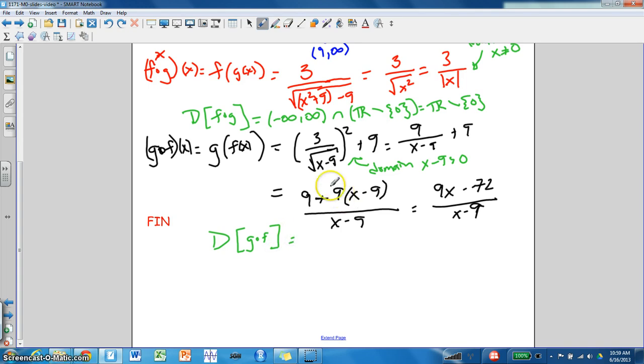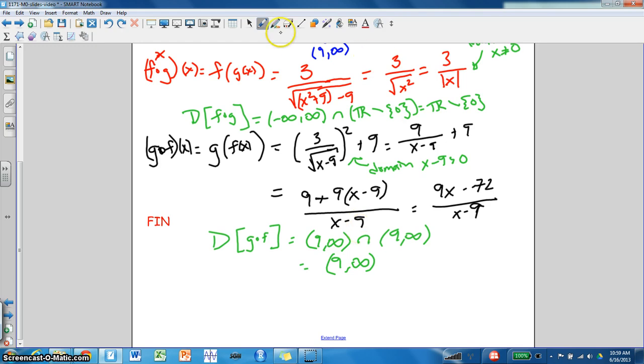Okay, so it was the domain of the inside function, which was f of x. So the domain of this entire thing was, I'm just going to say 9 to infinity, intersect with, so look for the common values with this, and, well, I also have that, which was also 9 to infinity. Same interval, so the domain is just 9 to infinity.